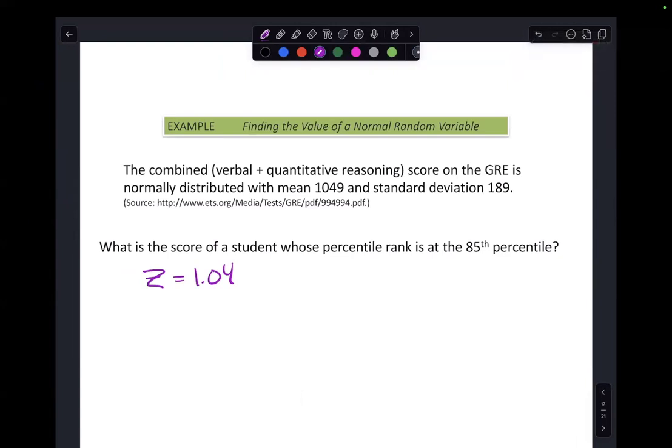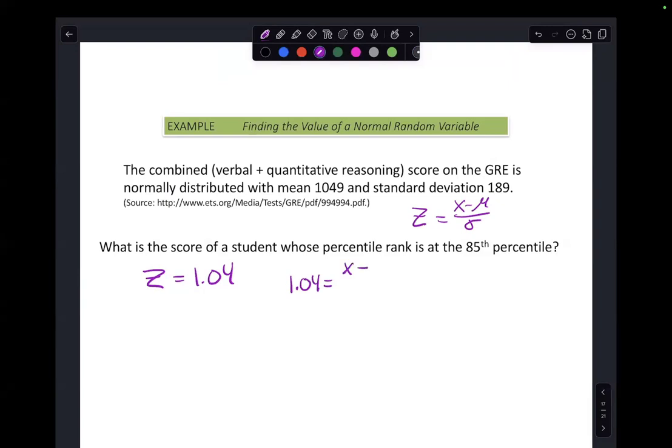So now what I need to do is find what data value has a z-score of 1.04. I'm doing it the hard way, and then I'll do it the calculator way. So remember the z-score formula is this. That's the z-score formula. I'm just going to plug 1.04 in. I don't know what x is.